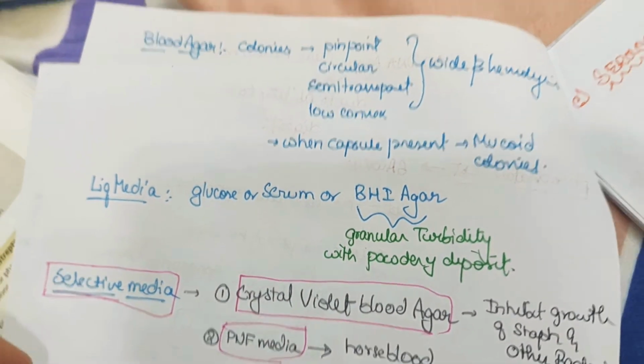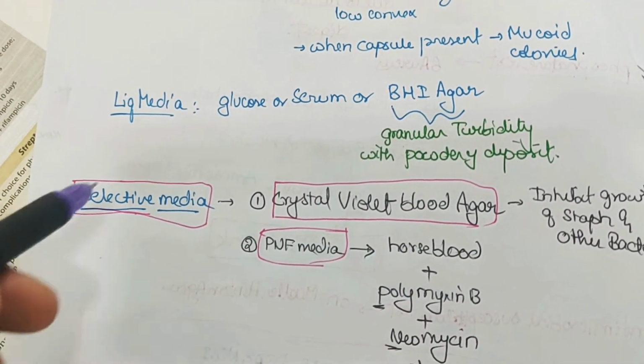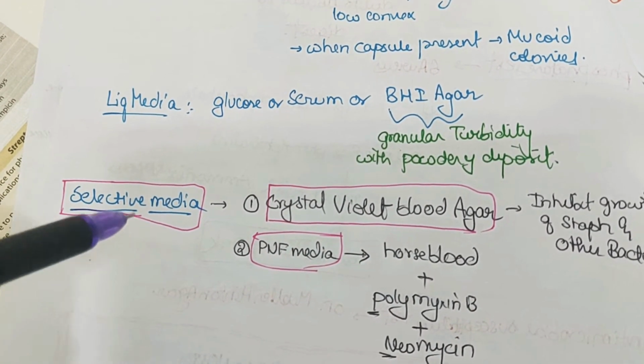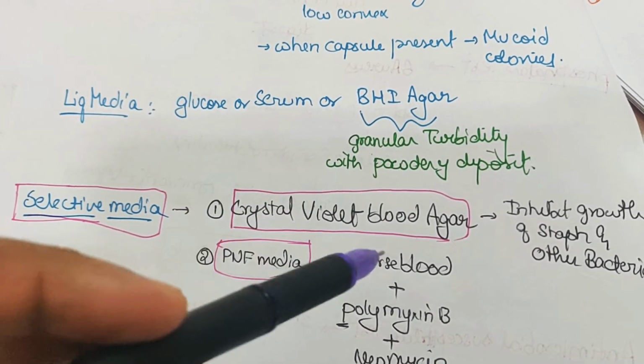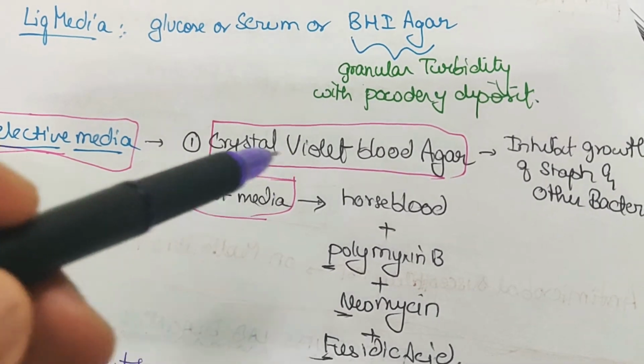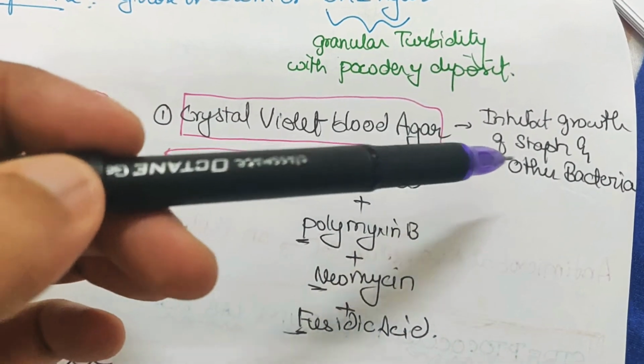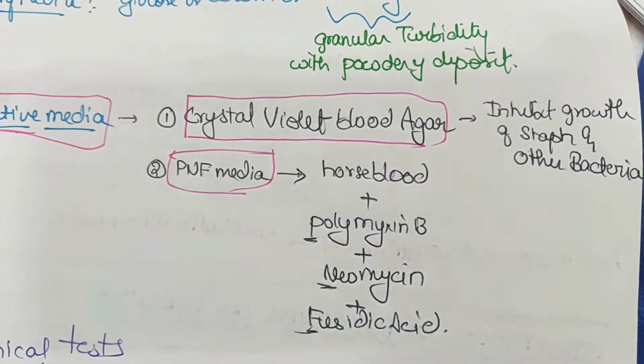So after culture, we have selective medias like crystal violet blood agar. This crystal violet will inhibit the growth of other organisms like staph and other bacteria.